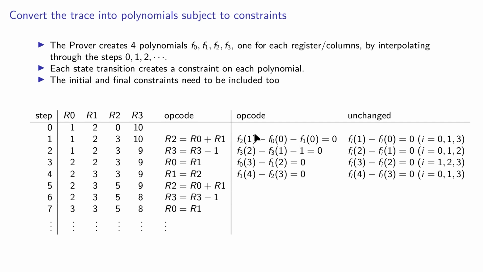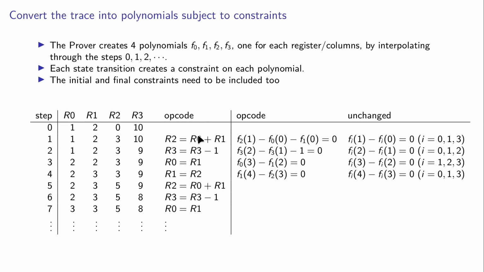We should also remember that the other registers are not affected, so we get 3 additional conditions on the registers which have not been affected. For instance, f0 of 1 minus f0 of 0 equals 0 just says that register 0 is unchanged.